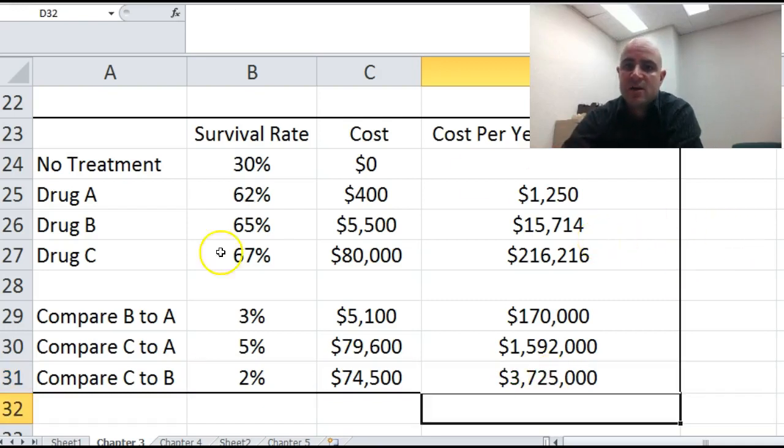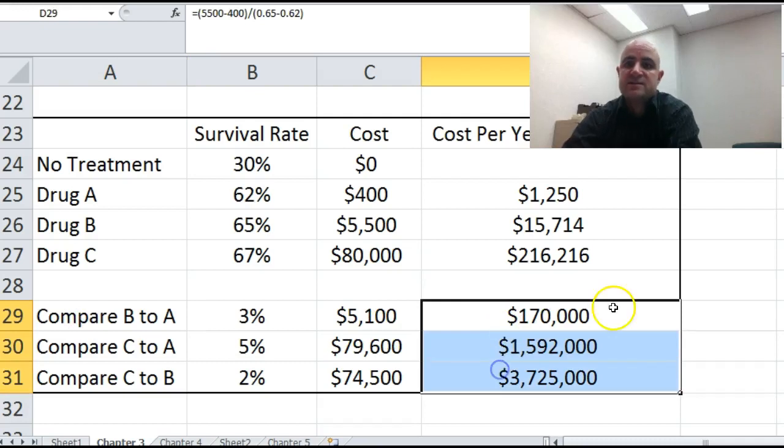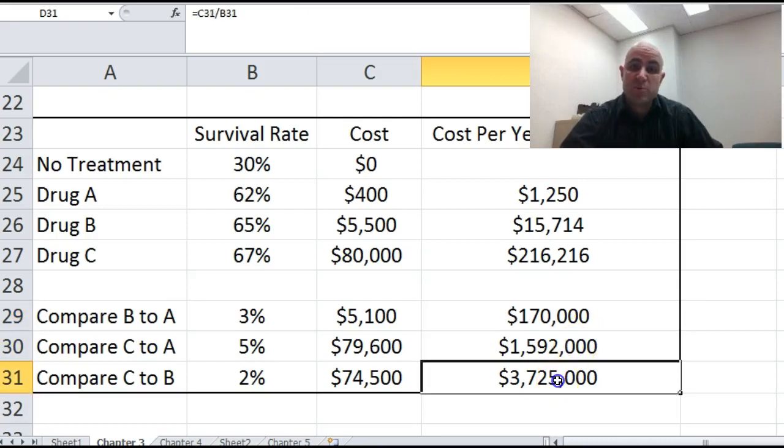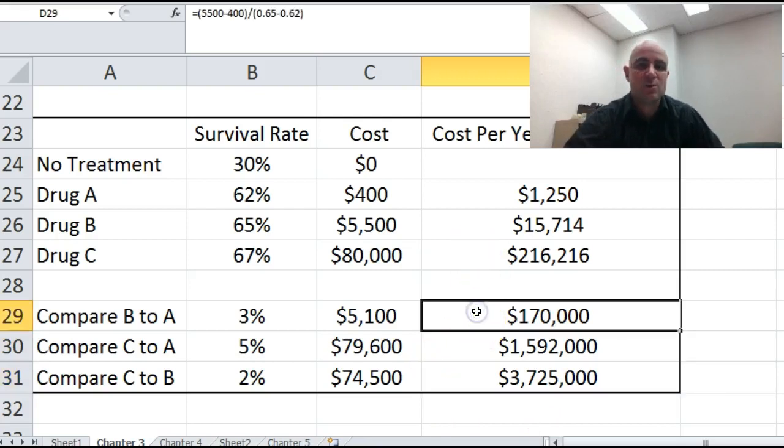Now when you look at this, is B really worth $170,000 for another year of life? Maybe yes, maybe no, depending on who you are, your income. But for the 1.5 and 3.75, most people are going to say it's not worth it to do B now. Because A is out there, it is now not worth it for B. So this is just an example of marginal analysis, when you look at everything and factor in all options.